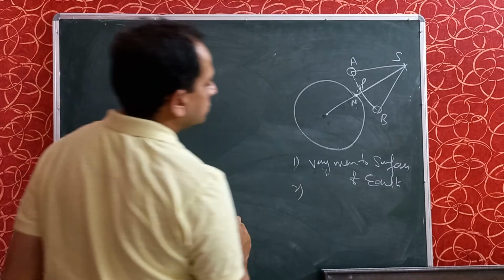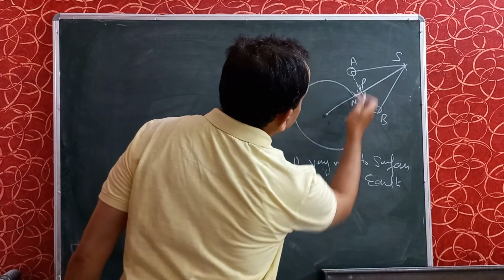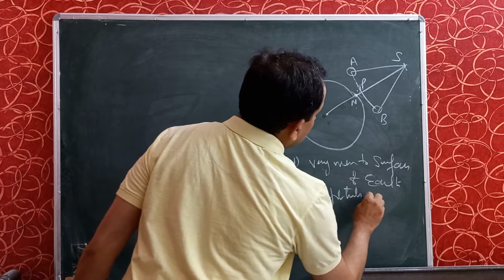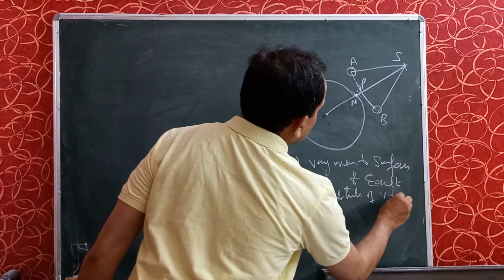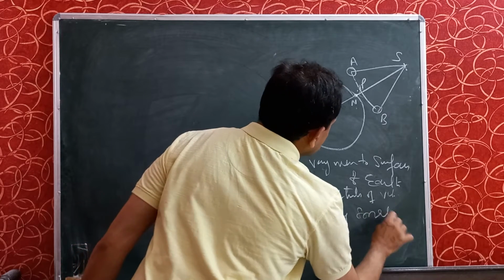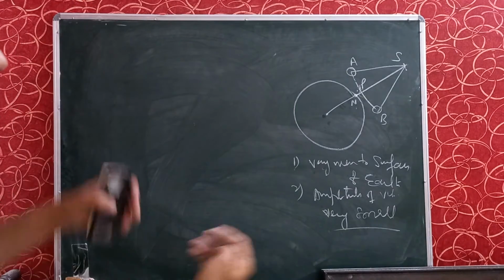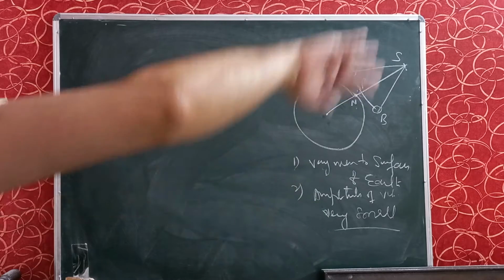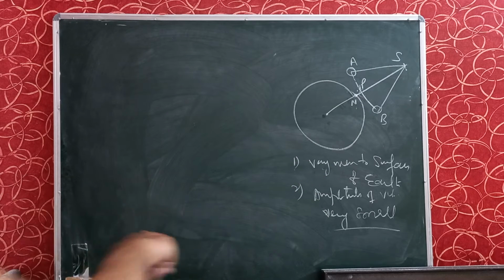And second one is the amplitude of vibration must be very small. Very small means it will swing in very small vibrations. It will not move like this. It will move like this in a slow motion.